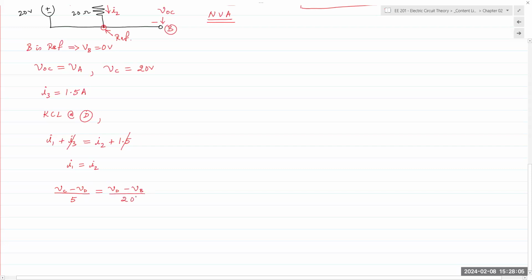VB is a reference node, that is 0. I'm going to multiply both sides by 20. If I do that, I get 4 times VC minus 4 times VD equals VD minus VB. Well, VB is 0, so that's gone.